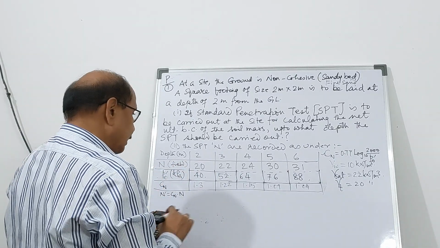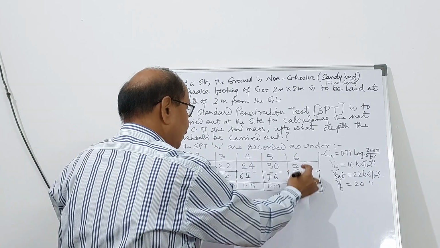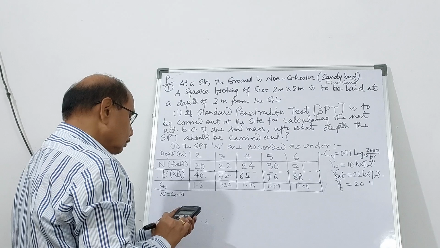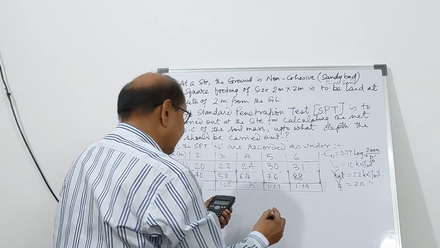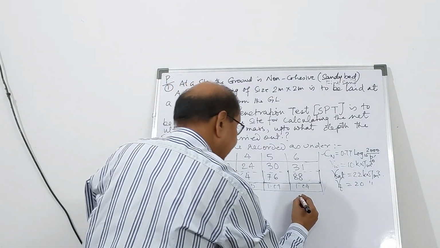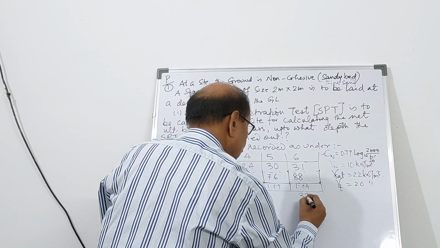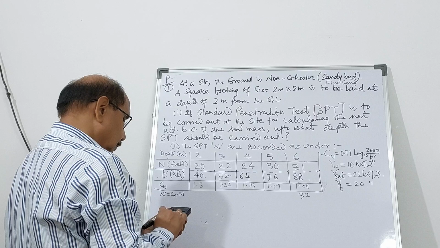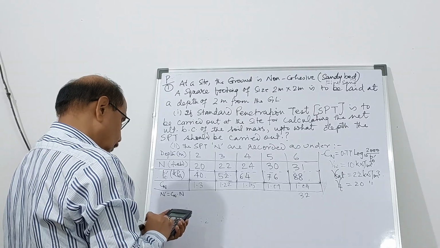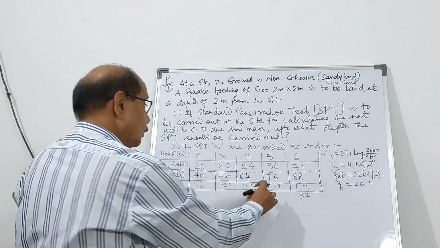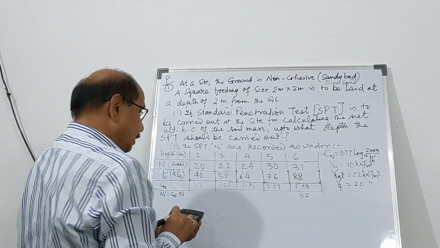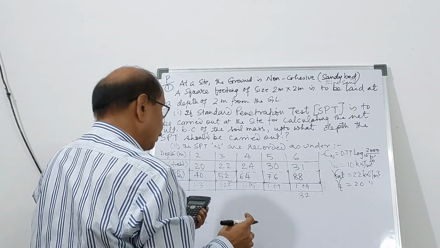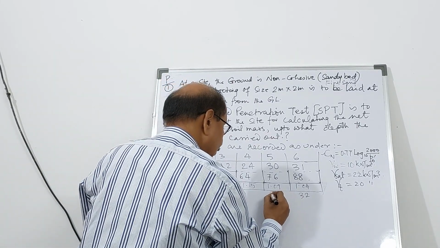So 1.04 multiplied by 31, this value becomes 32.3, we can take it 32. Then 1.09 multiplied by 30, 32.7, let us take it 32.